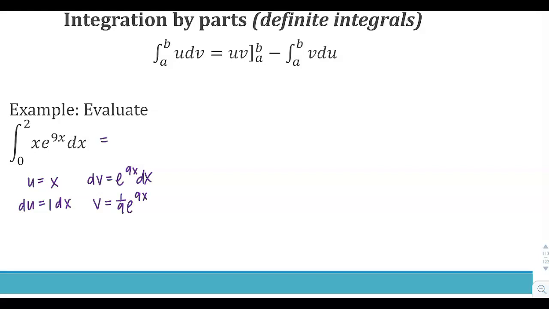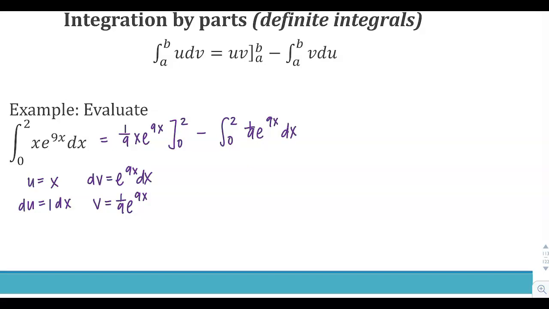So now this is going to equal u times v, so notice it's that diagonal, so I have 1/9 x e to the 9x, evaluated from 0 to 2, minus the integral from 0 to 2 of v du. So that's just 1/9 e to the 9x dx.